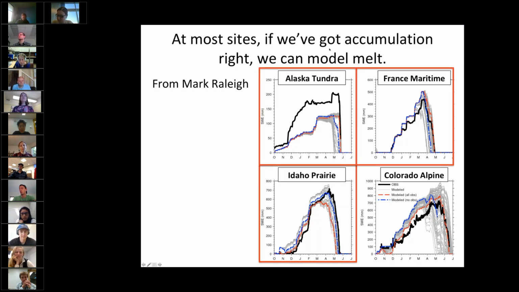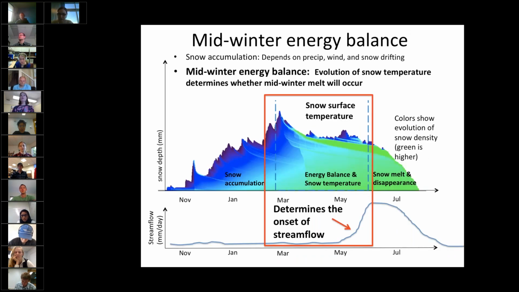Okay, at most sites, if we got the accumulation right, we can model melt pretty well, right? These slopes of going down, how fast the snow is melting, for most sites, not this one, but for these 3, they're all pretty good with all different forcing data we can use.